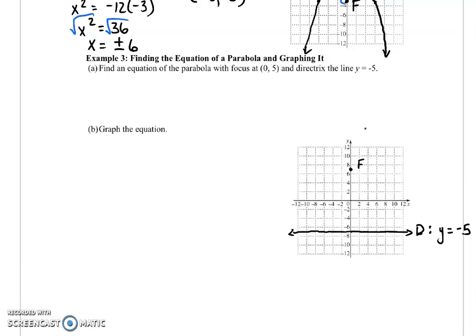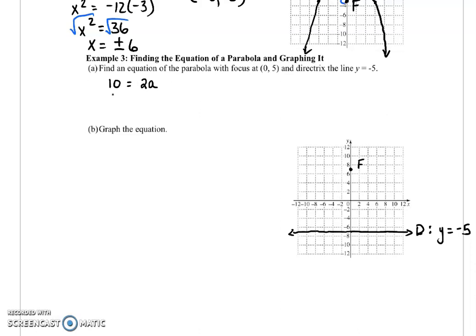If we just count how many spaces it is between the focus and the directrix, we come up with 10. And we know that that has to equal 2 times a, because it is a from the focus to the vertex and a from the vertex to the directrix.